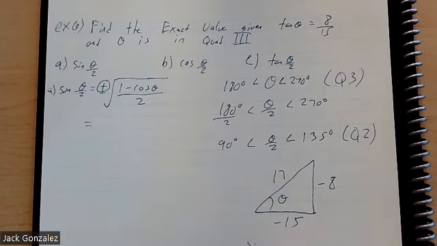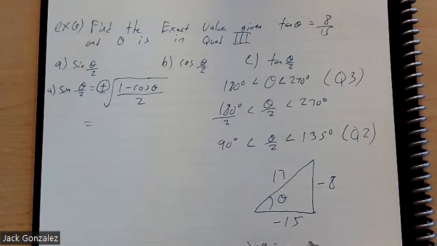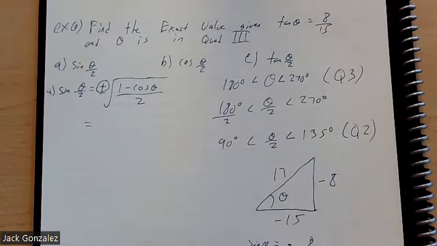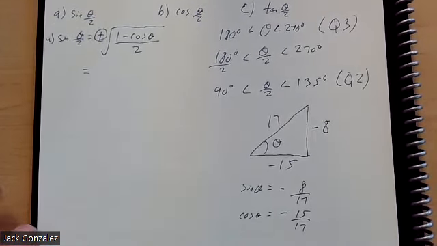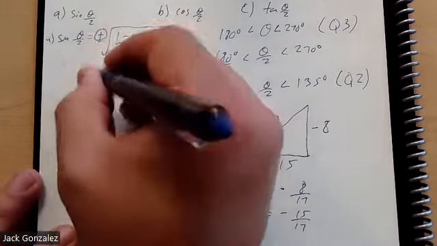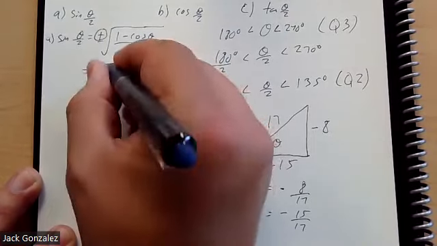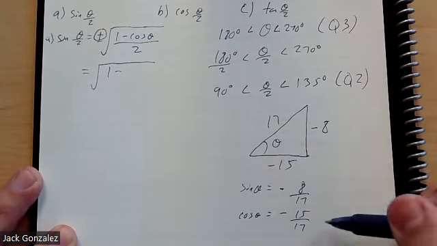So I'm going to go ahead and write these down. Sine theta is -8/17. Cosine theta is -15/17. And they gave us tangent, right? So I'll just write them down there for now. Okay, so plug in 1 minus cosine.